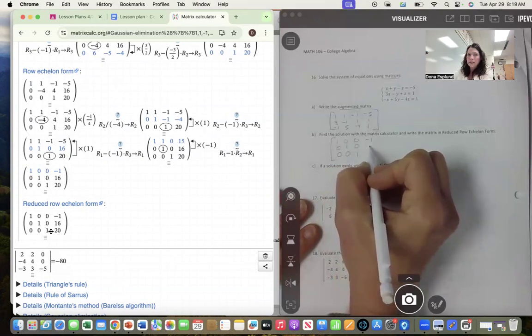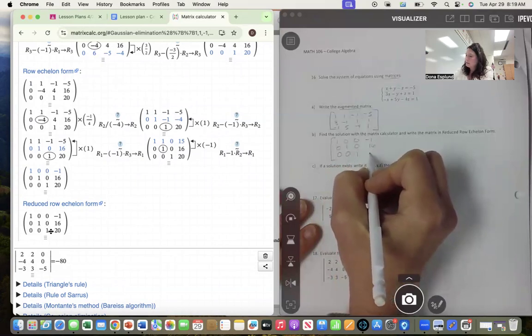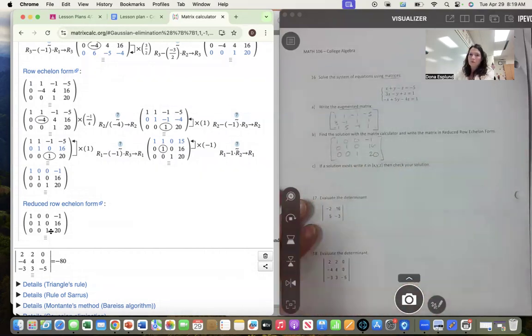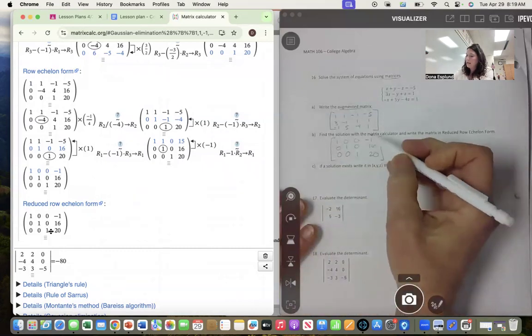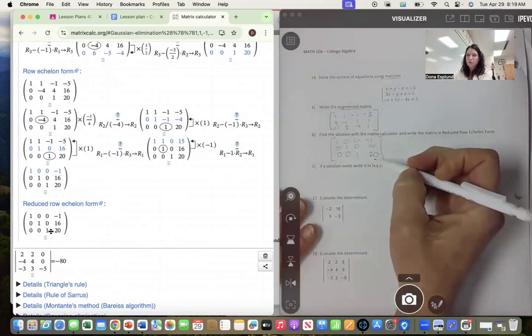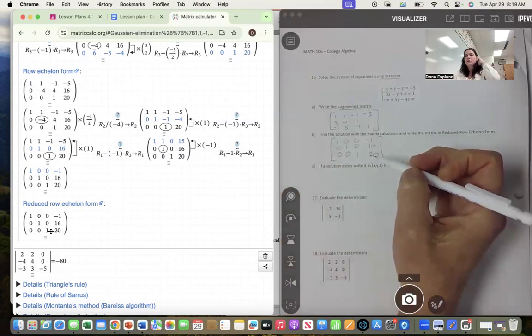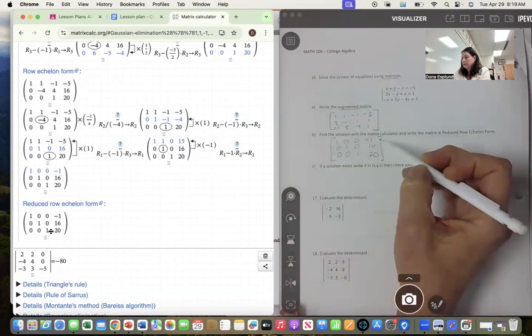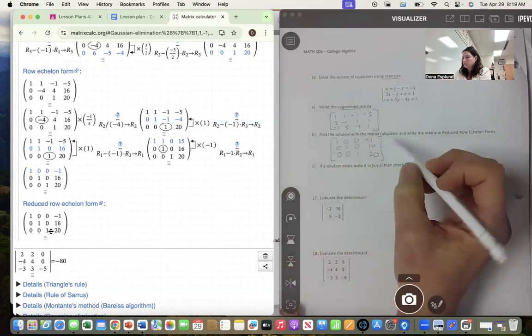We did not get to this year, which is super sad, what happens when there's an infinite number of solutions. But anyway, unless you've typed something in incorrectly, you should have numbers that look like this, where there's ones going diagonally, and then the last column is numbers.